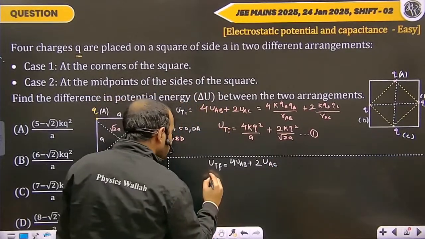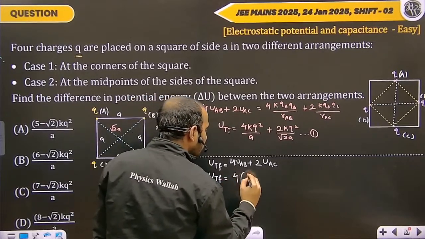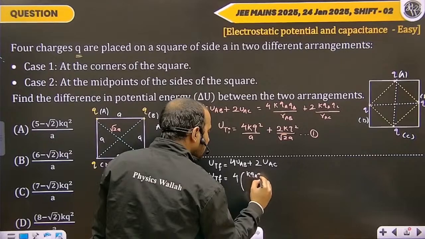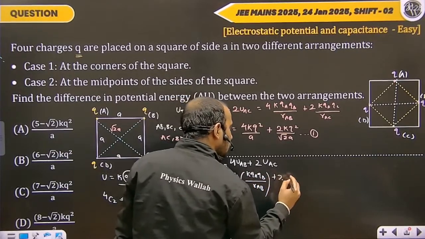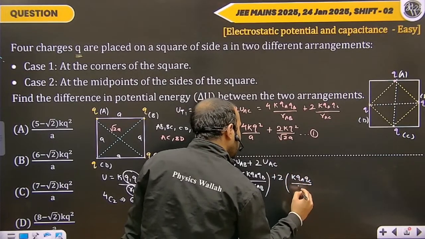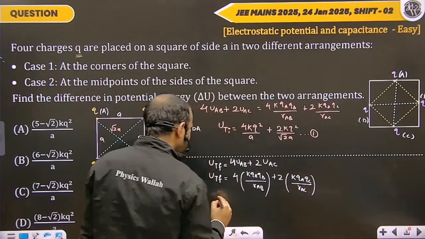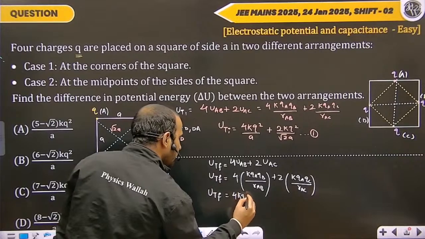Now the total energy final will be 4 times K QA QB divided by RAB, then 2 times K QA QC divided by RAC. So total energy final is equal to 4 K Q square over RAB plus 2 K Q square over RAC.